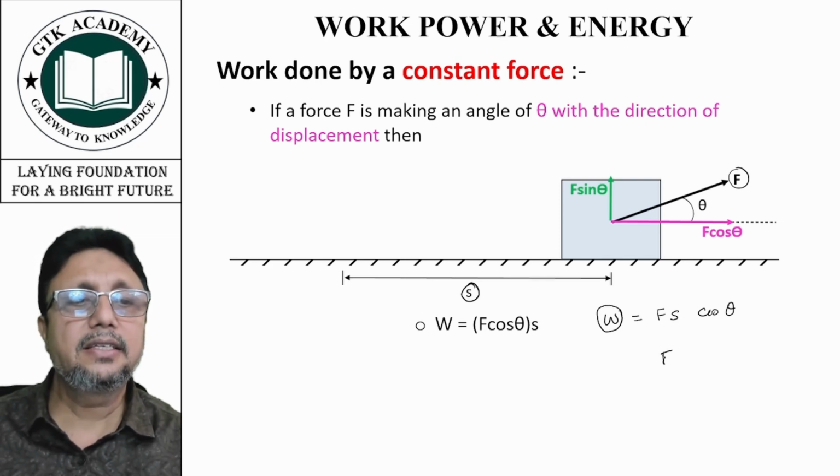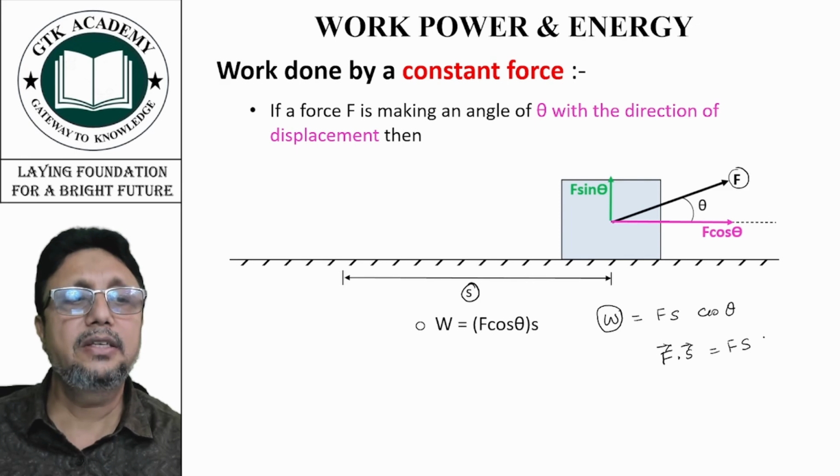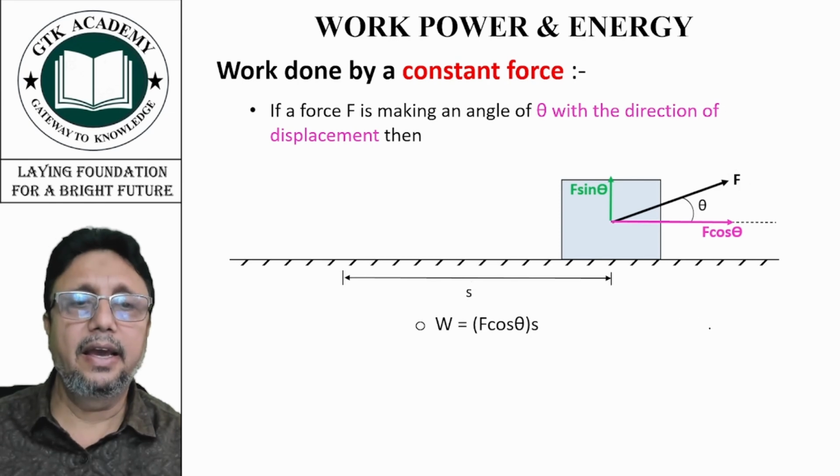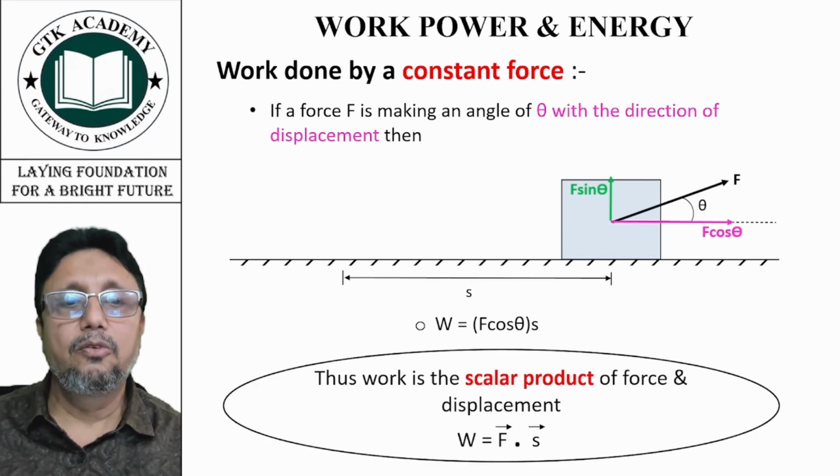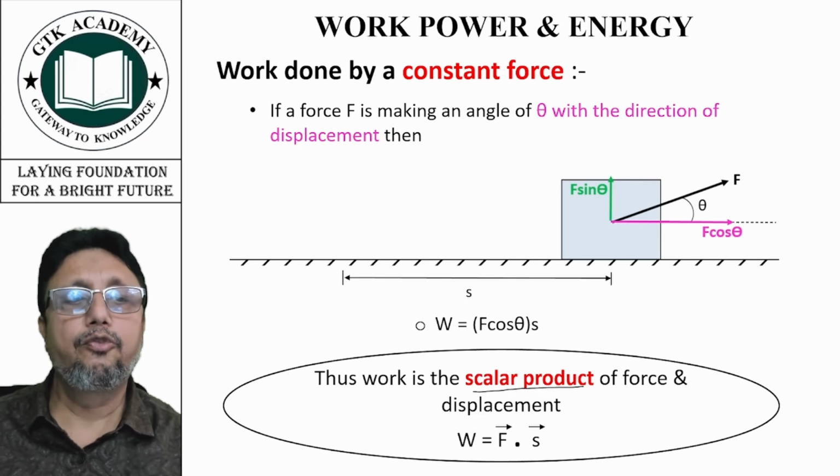So it is written as F dot S, which is mod of F into mod of S into cos theta. That is what we are getting here. Hence, work is a scalar product of force and displacement.